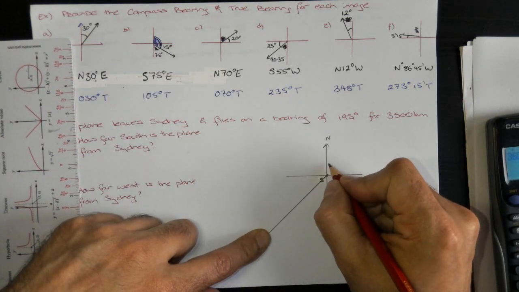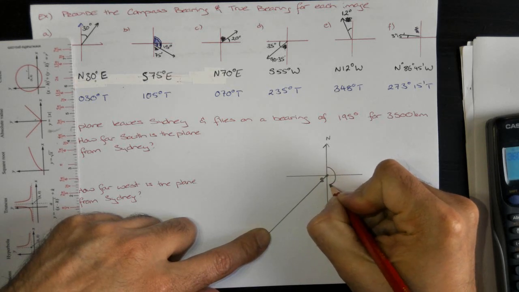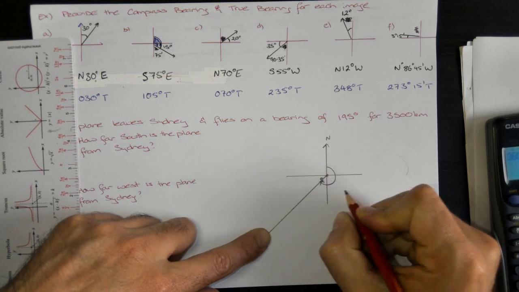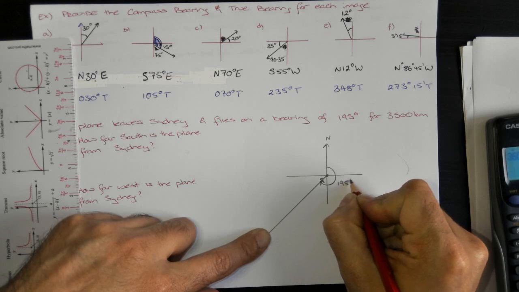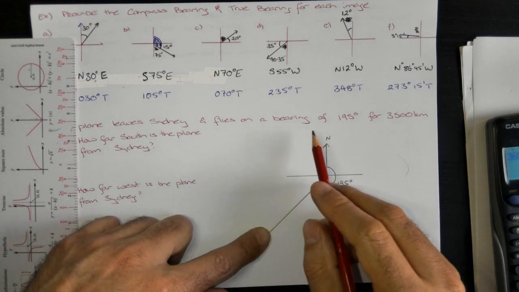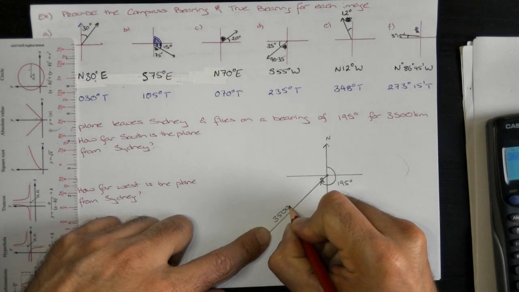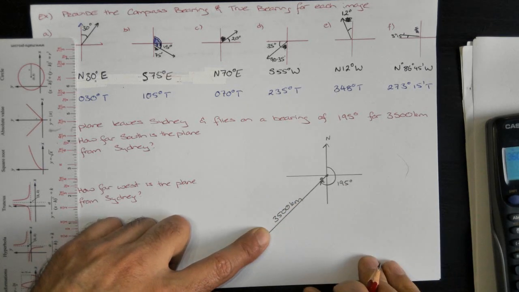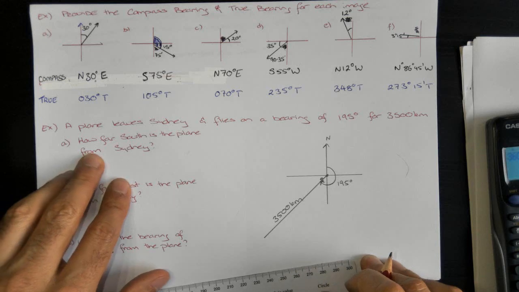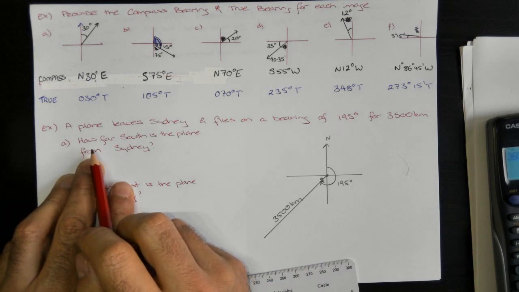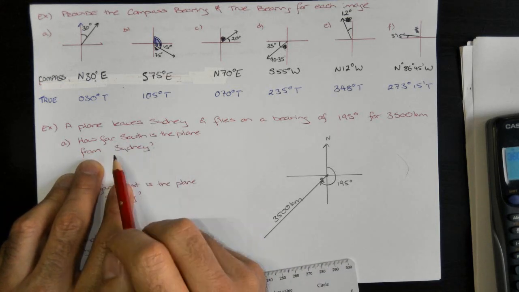Okay, so this whole thing here was 195 degrees. And so he flies on a bearing for 3,500 kilometers. Okay. The first question says, how far south is the plane from Sydney?